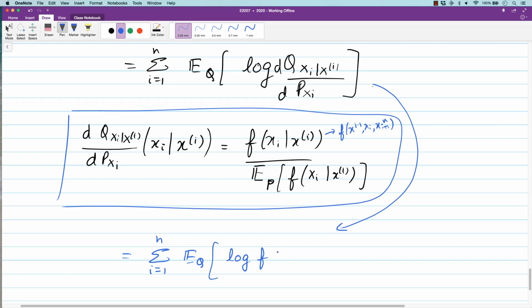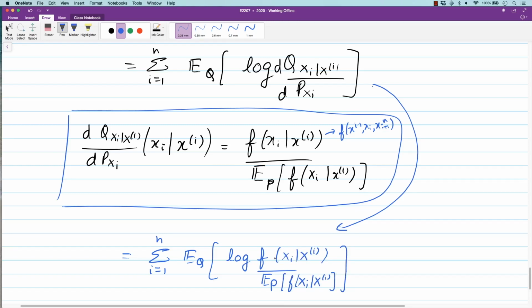So this becomes log of f of x, so then the q by f of x divided by expected value under p, it's better to write it as f of x_i given x_{-i}, and under p, f of x_i given x_{-i}.